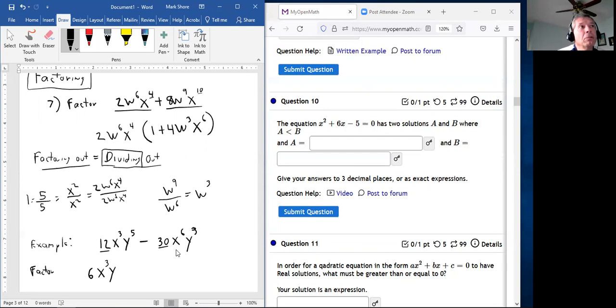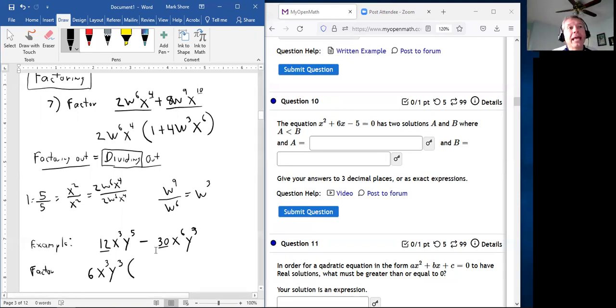Like up here, W6 was because 6 was the lowest amount of W's. Right. X to the 4th because 4 was the lowest amount. So the common number would be the lowest amount of y's. There's 5 here, there's 3 here, so it's y to the 3rd. So that's how you get your common factor.